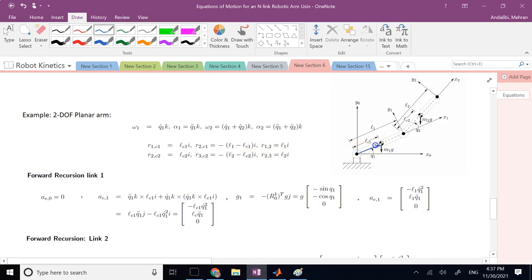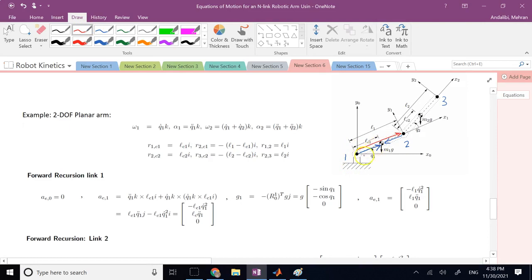This is the first one, R of C1 with respect to joint 1, right? Because that's joint 1, joint 2, and joint 3. The next one is this one, R of C of 1 in 2. And then the other one is R of 1 in 2, which is basically this vector here.